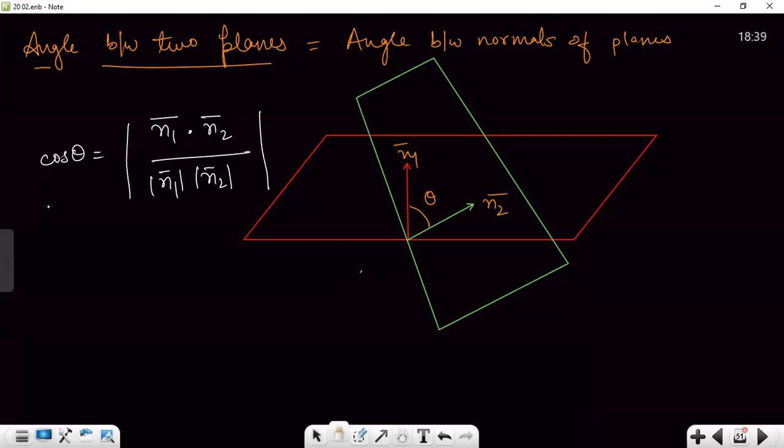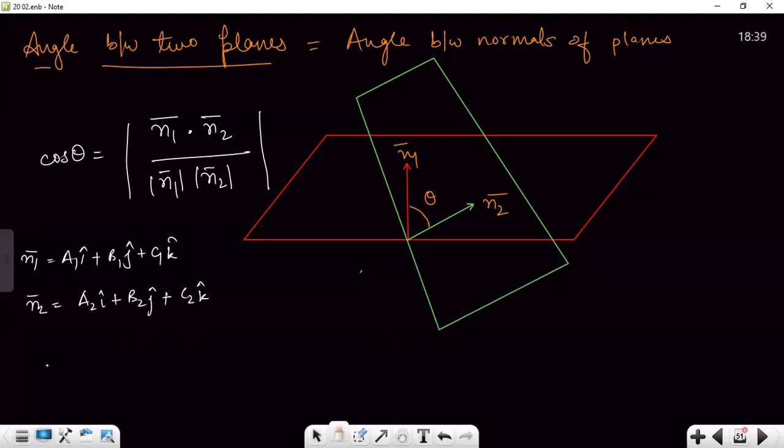We have to write the Cartesian form where the n1 vector is A1 i cap plus B1 j cap plus C1 k cap. The n2 vector is A2 i cap plus B2 j cap plus C2 k cap. These are the two normal vectors.